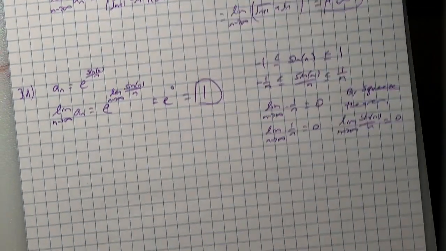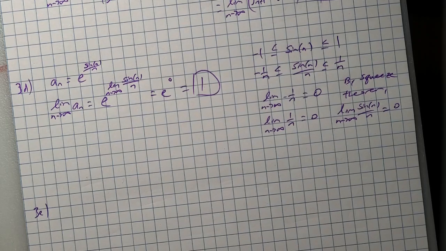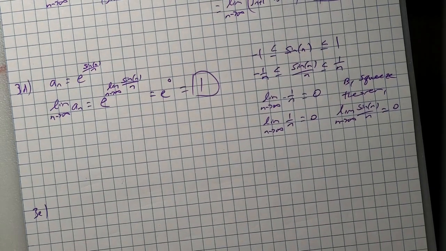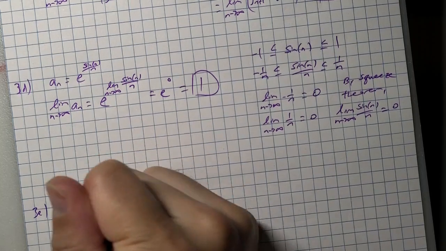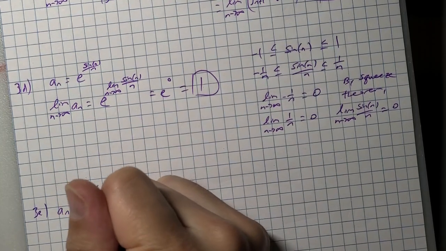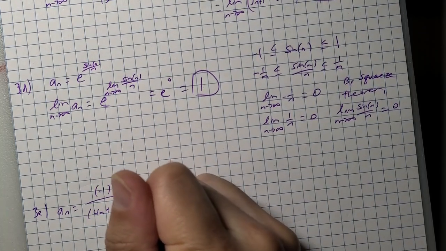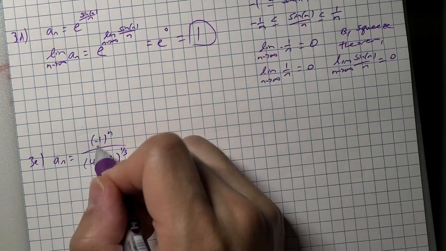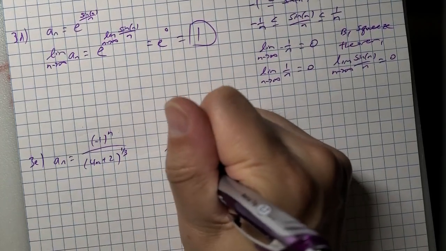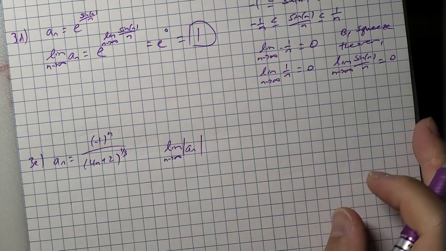Okay, next, I believe this is the last problem. Yes, okay. a sub n is minus 1 to the n over (4n plus 2) to the 1/3 power. Remember, for this, because it has alternating sign, we can first take the limit as n goes to infinity of the absolute value of a sub n.